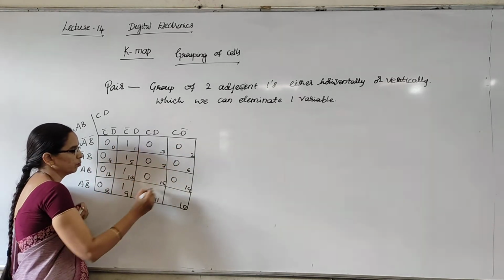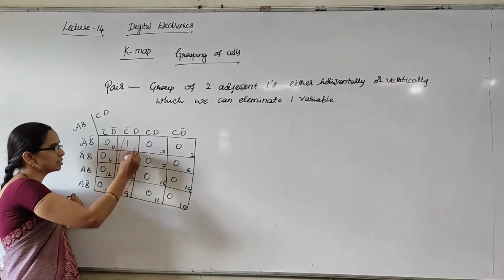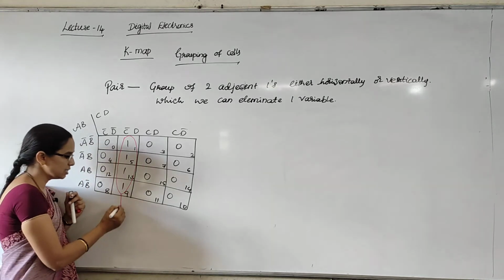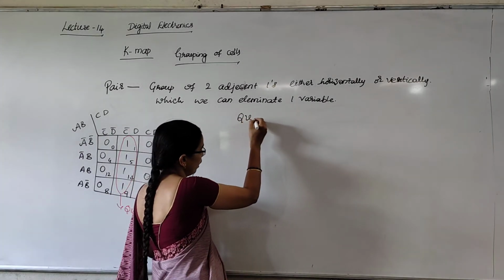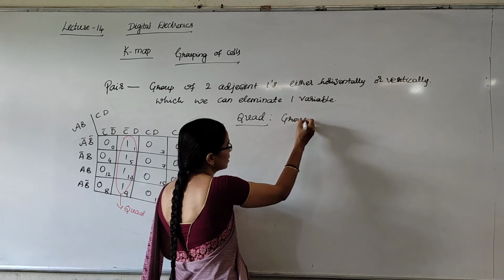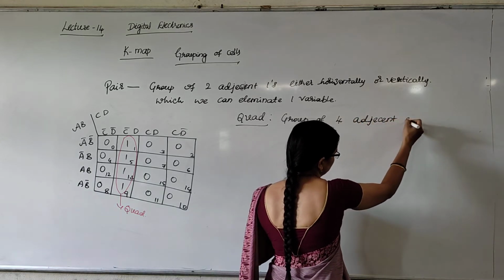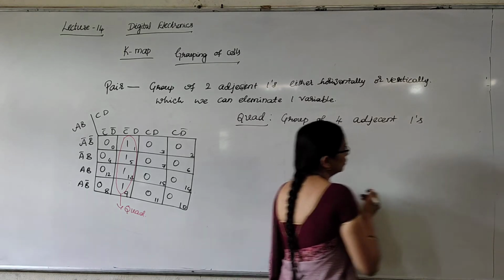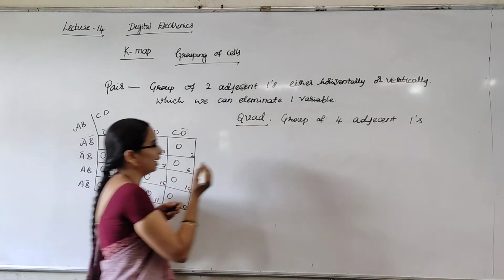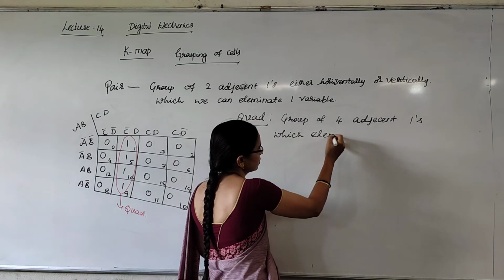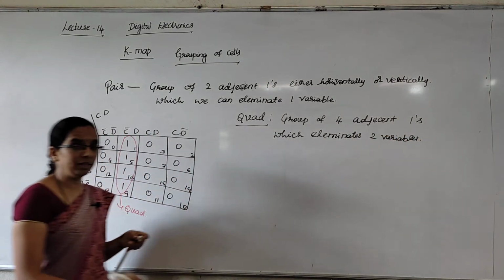After plotting a K-map, if I get it like this, I will make a group of 4 ones, and it is called a quad. A group of 4 adjacent ones, either horizontally or vertically, or in the form of a square also we can do, I will show you later, which can eliminate 2 variables.